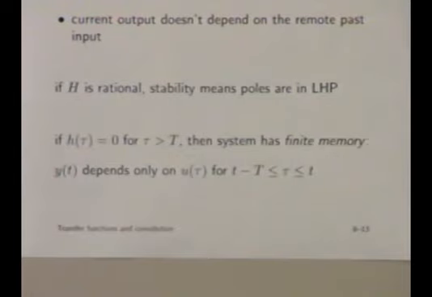Now, an example of that, if you look back at homework 2 or something like that, would be a system whose output is simply the average of what the input has been in the last second. That's called an averaging system or an averaging filter.